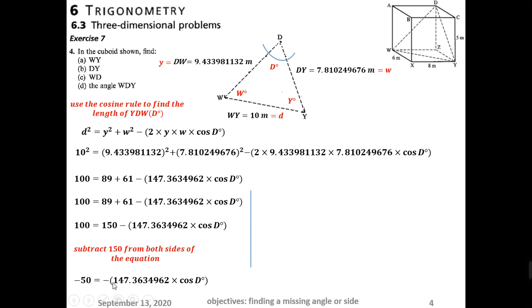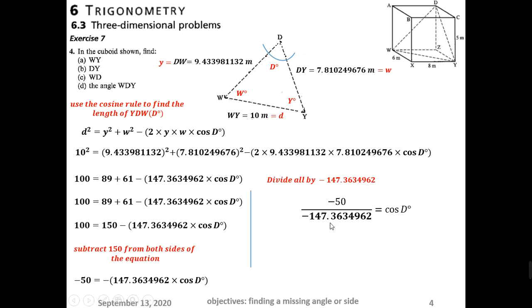But we're not going to add it on both sides of the equation. We're going to divide, because the relation between the 147 and cosine D is multiplication, and we solve by applying the opposite operation. So divide all by negative 147.3634962.